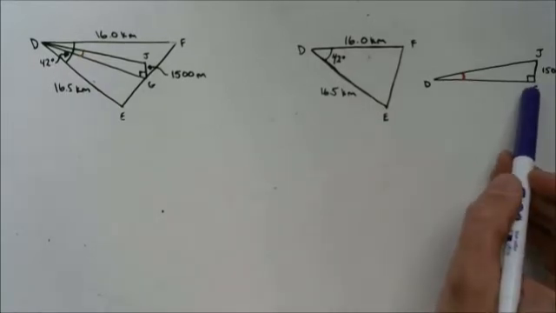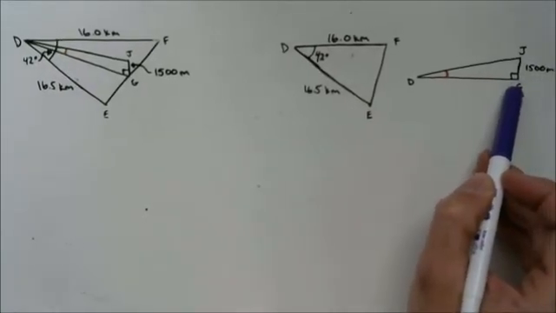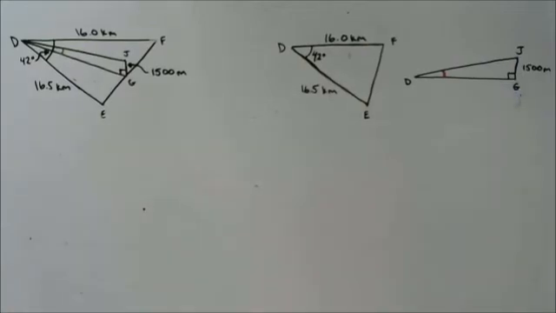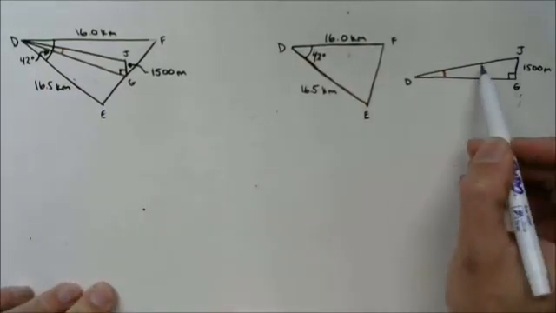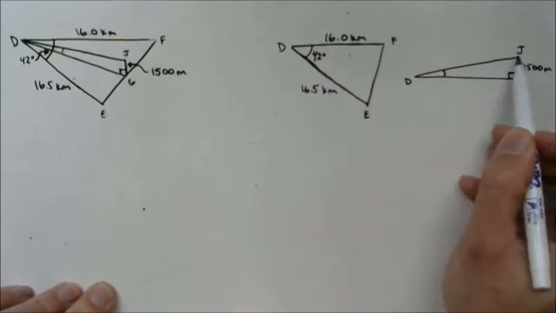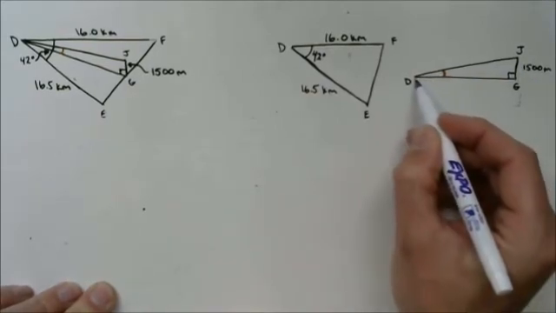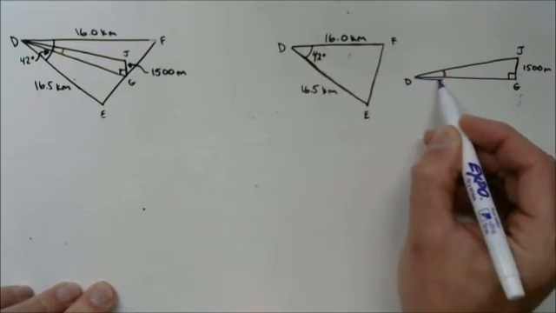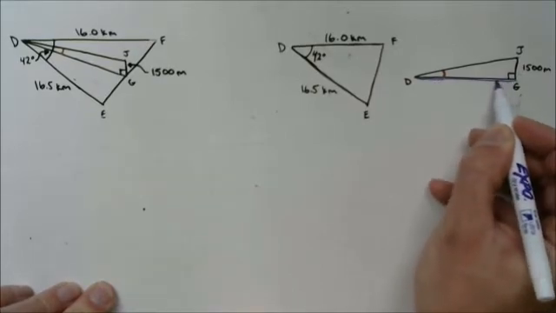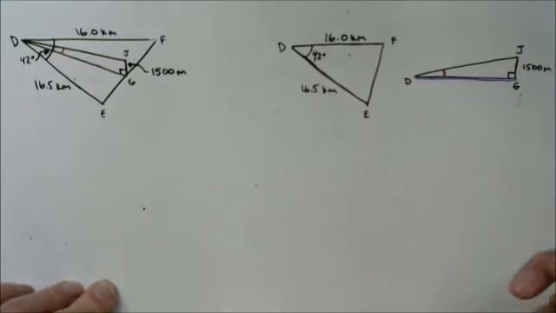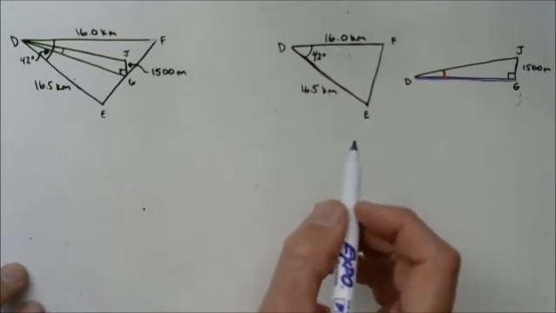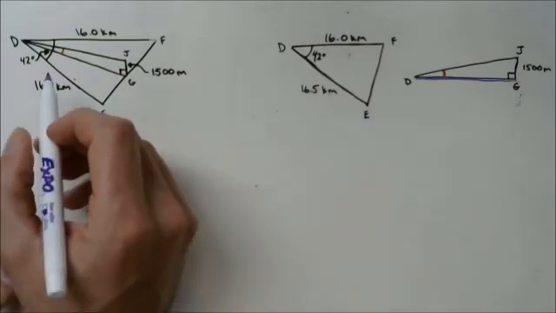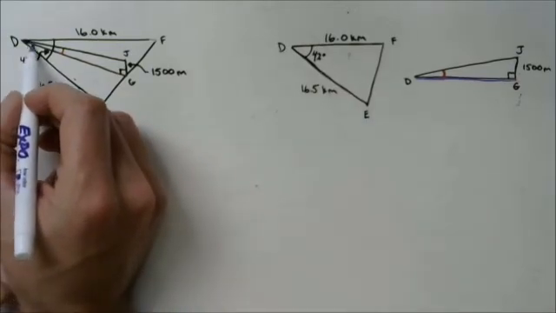Well, we're in a right angle triangle, so we're going to be using our primary trig ratios. And there's no triangle that shares DJ, so we're not going to use DJ for anything. We're going to find DG. We're going to find DG in any of my other triangles. I see it over here. Here's DG.